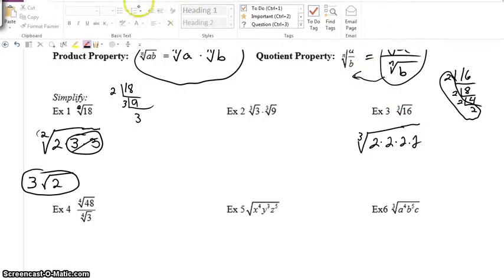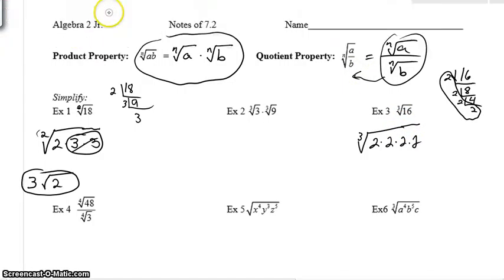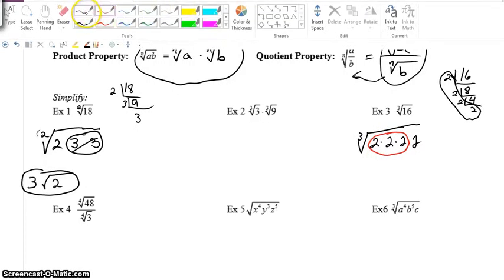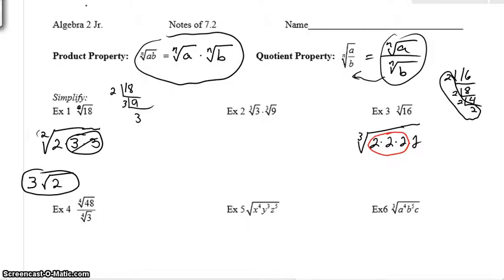But very importantly, when we are dealing with cube roots, we're no longer looking for 2 of the same factor. We're looking for 3 of the same number, or 3 of the same variable. Very same principle that we just saw. You can say, I'm going to take one of those factors out, forget about the rest.